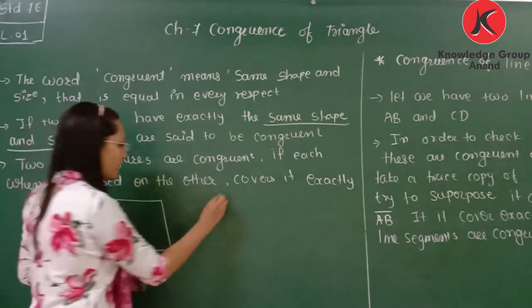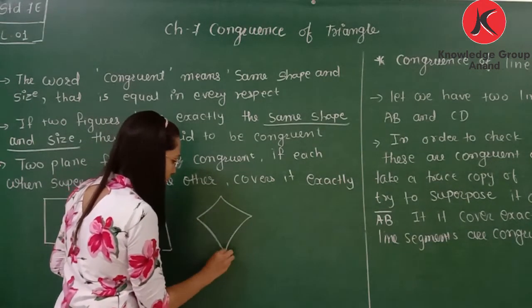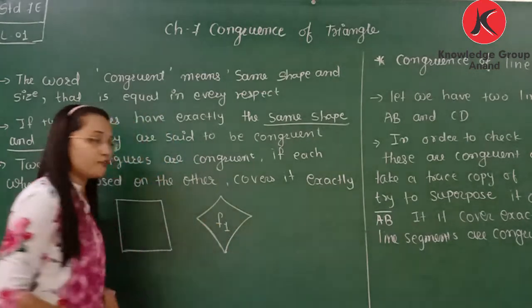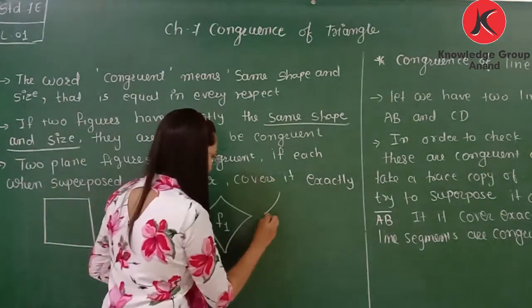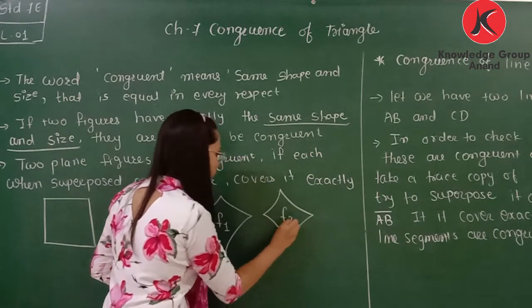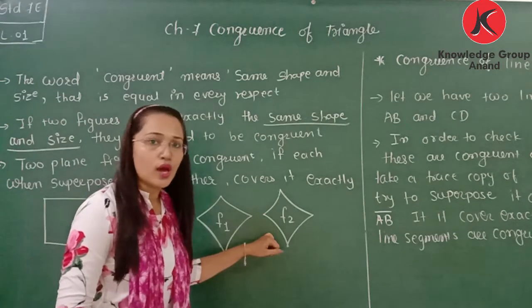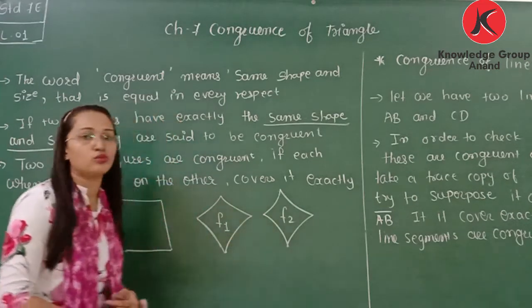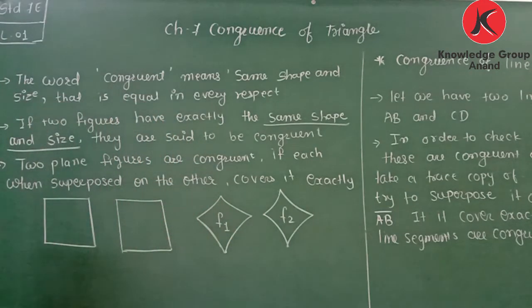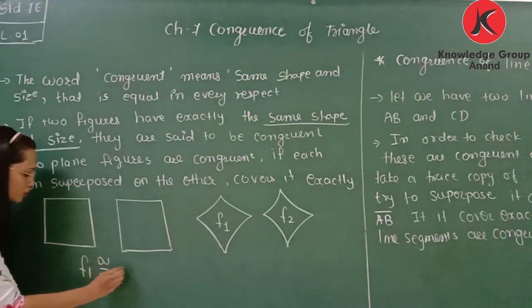If I have another figure like this, let's say this is the plane figure F1 and this is F2. If I cut F1 and superpose it on F2, and F1 and F2 cover each other completely, then they are called congruent objects. So this can be written as F1 is congruent to F2.